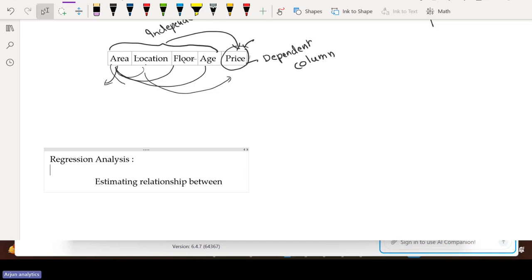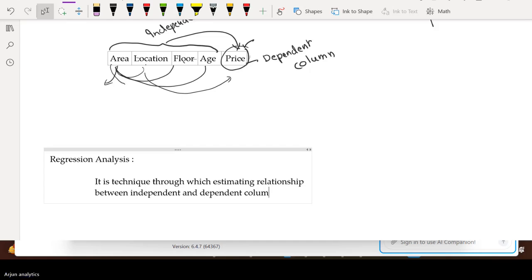It is a technique through which we estimate the relationship between independent and dependent columns, in which the dependent column is a continuous numerical value.